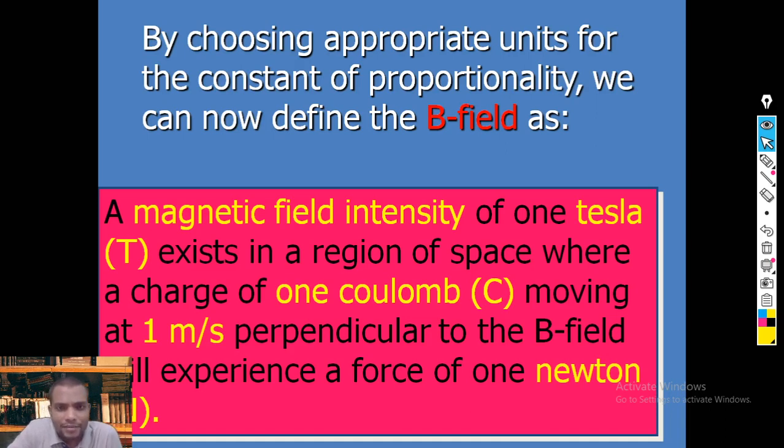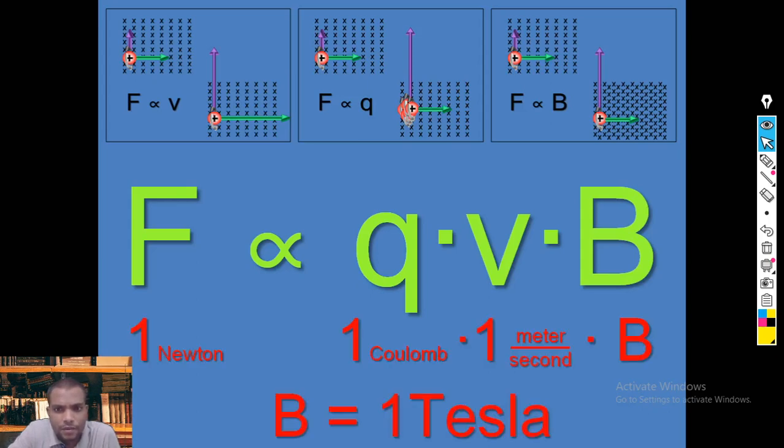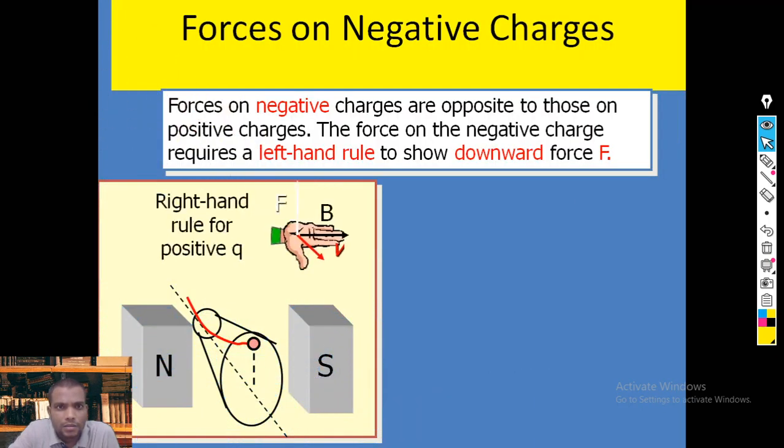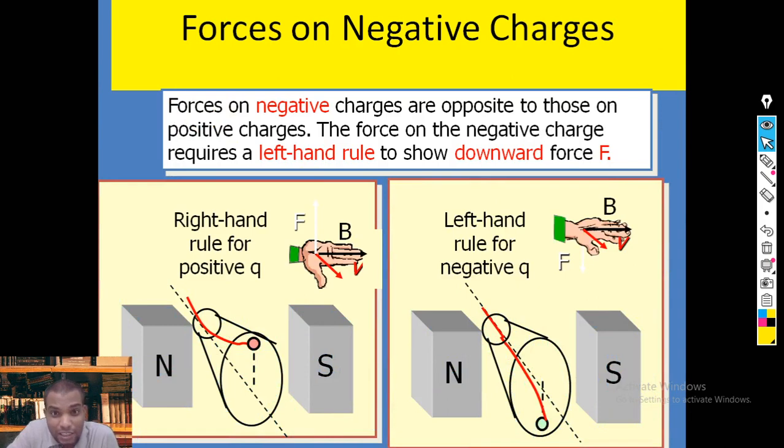Here I forgot to say one thing. What happens if it's a negative charge? If it's a positive charge, we use the right hand rule. If it's a negative charge, just flip your hand.